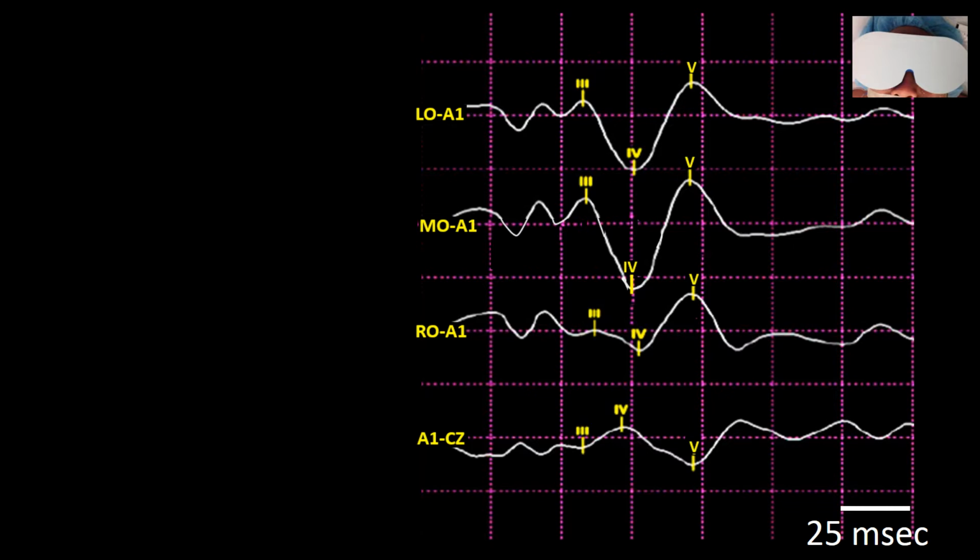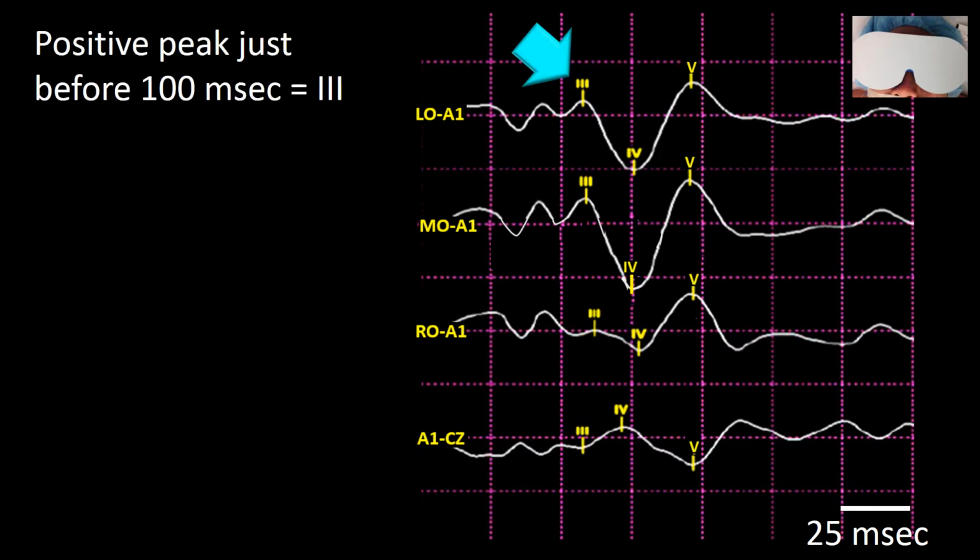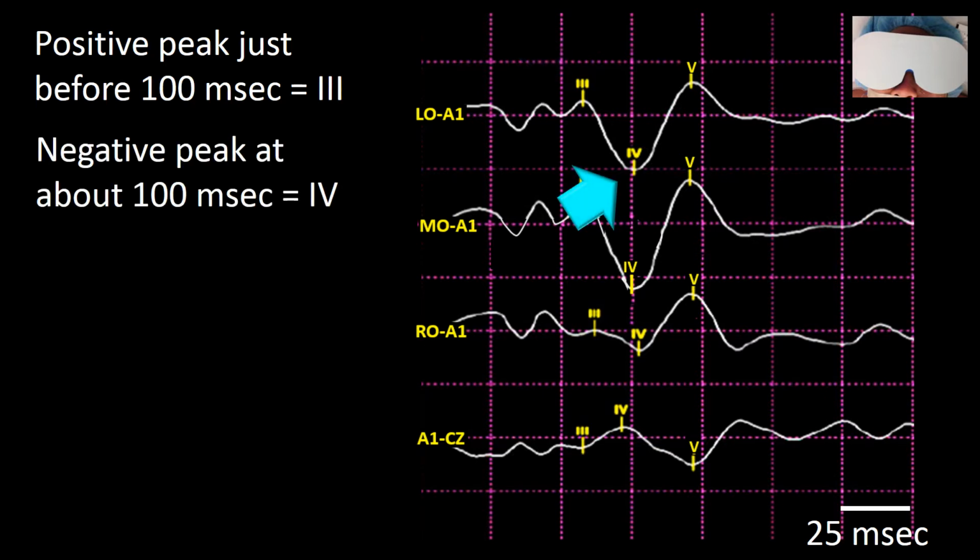In this frame, you can see 3 robust peaks present during the pre-surgical VEP. The positive peak just before 100 milliseconds was labeled using the Roman numeral 3. The negative peak at about 100 milliseconds was labeled 4.